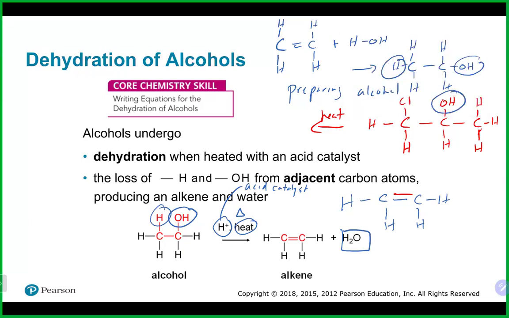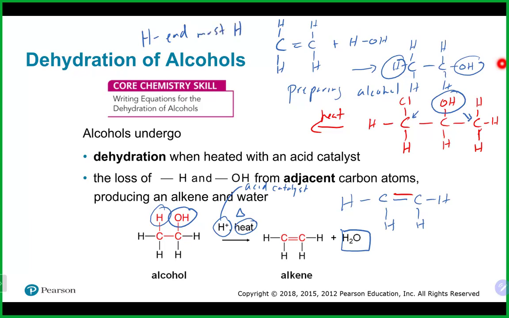But now we actually have a couple of options as to where we could grab the hydrogen from. We have a carbon to the left that has some hydrogens, and we have the carbon to the right that has some hydrogens. So there is actually a difference depending on which one you grab as to what you end up with. When we put the water on, the hydrogen ended up at the carbon with the most hydrogens.